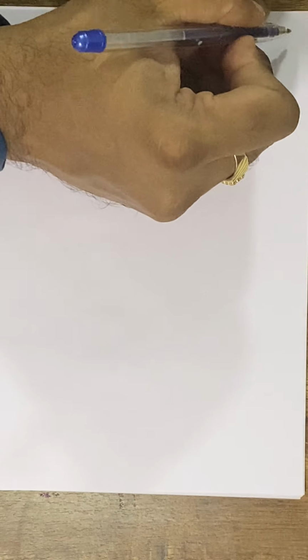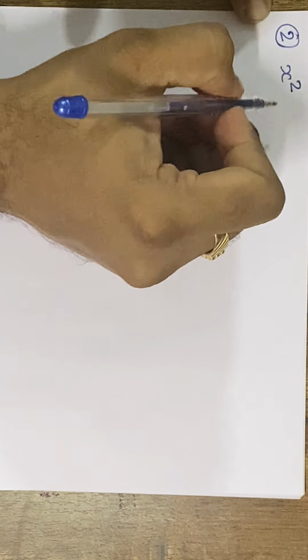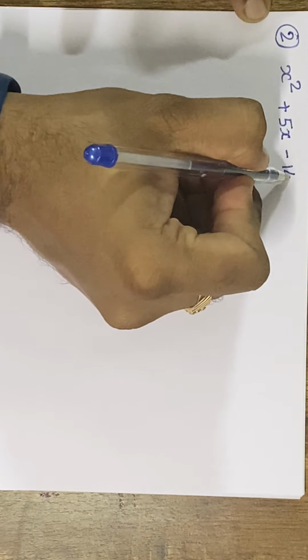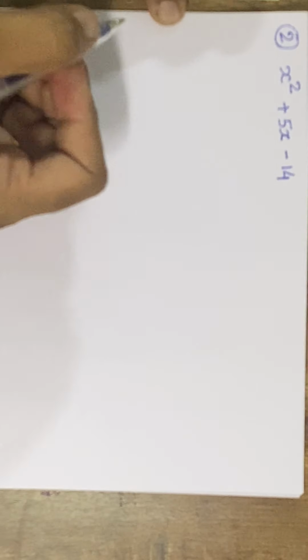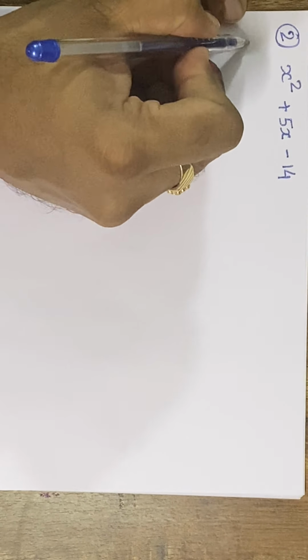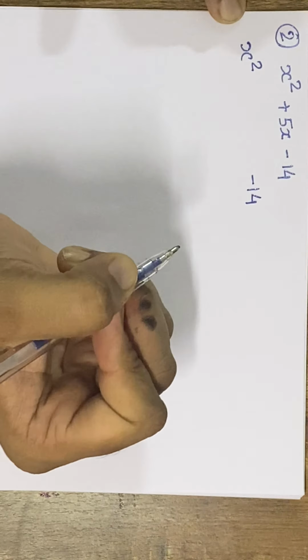Suppose I take x square plus 5x minus 14, and I just have to factorize it. Now I am not interested in finding the roots, just the factors. X square I am going to write as it is, minus 14 I am going to write as it is.